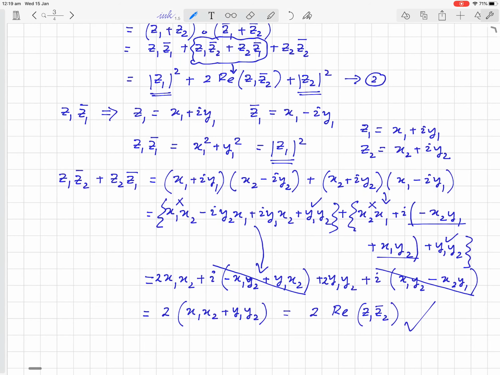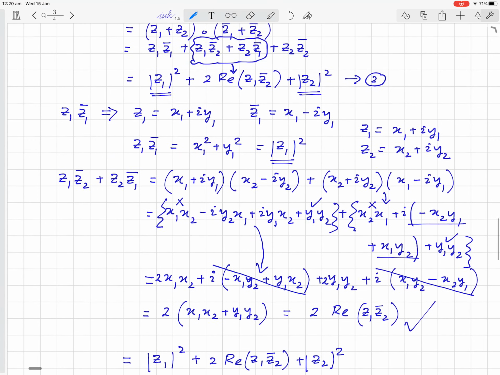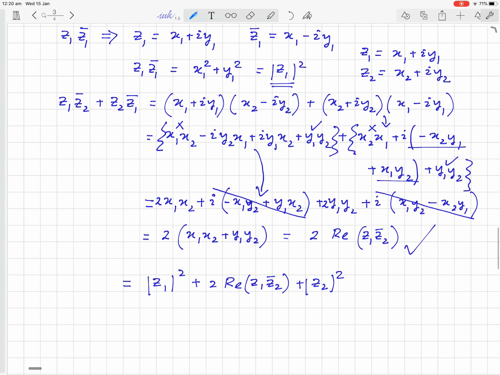Now I will rewrite it so that it will be clear for everyone. So |z1| squared plus 2 real z1 z2 conjugate plus |z2| squared would be |z1 + z2| squared.